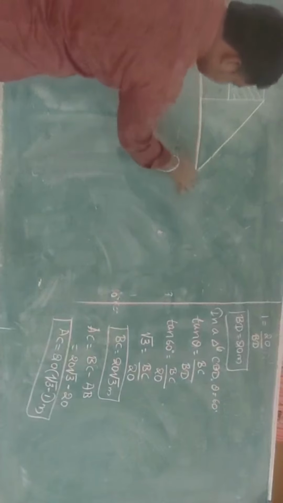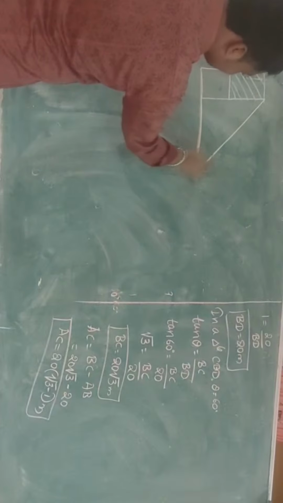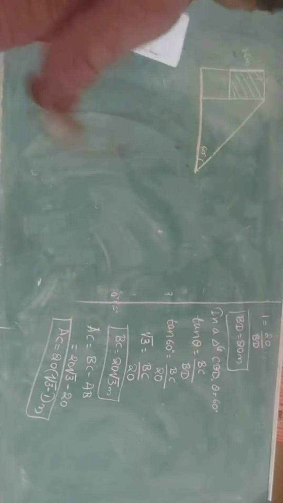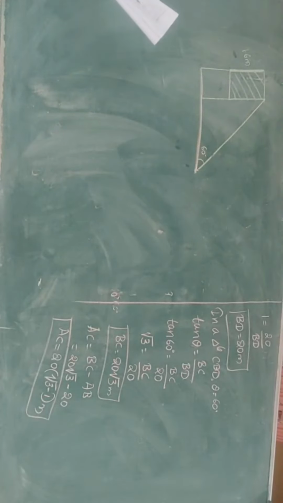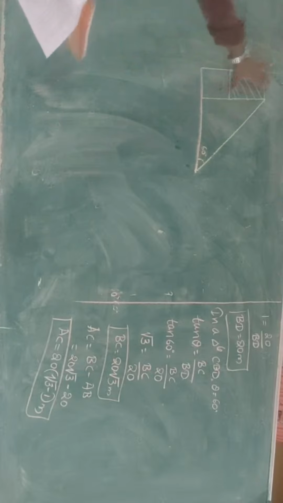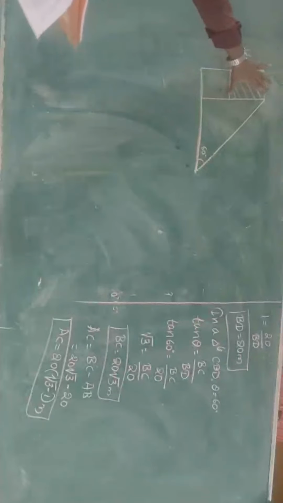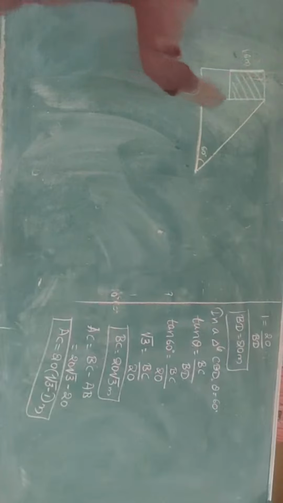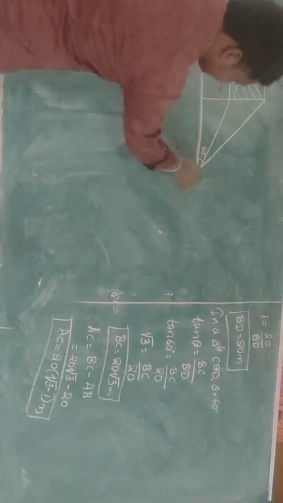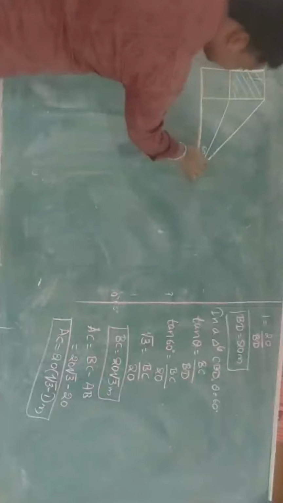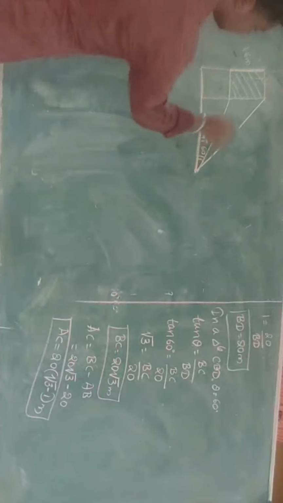Imagine this is the ground and it's a point on the ground. And from the same point, the angle of elevation of the top of the pedestal, which is nothing but the bottom of the statue, is 45 degrees.